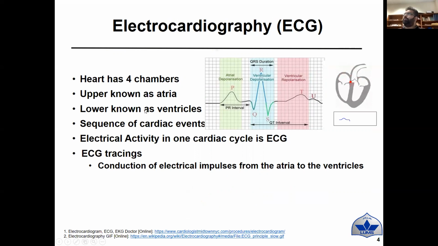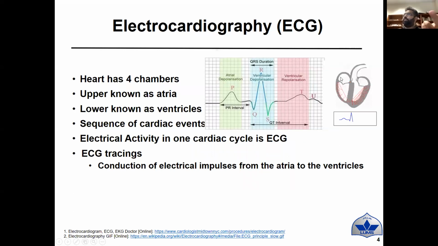ECG is basically a tracing of the electrical activity that takes place within the heart. Under normal circumstances, our heart is divided into 4 chambers. The upper left and right are known as atria, and the lower are known as ventricles.